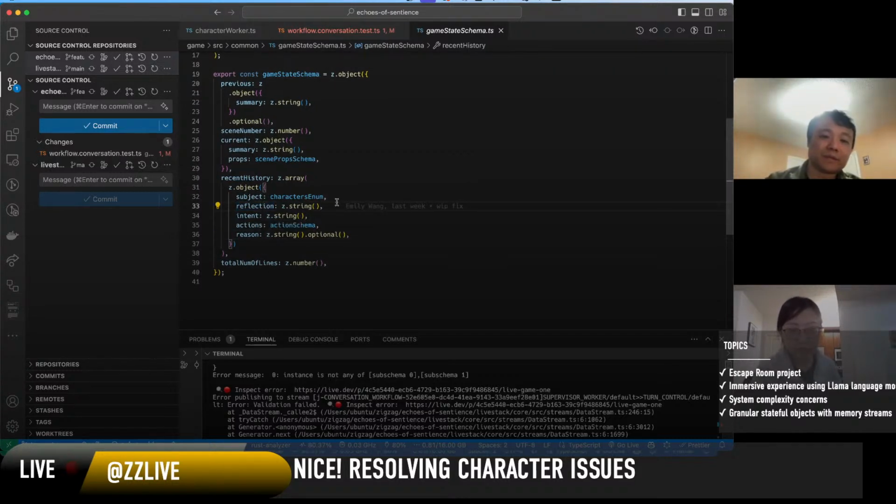We talked about we don't need a reflection intent in recent history, right? Or do we? Don't we want a reason? That's a lot of stuff. That's the prompt we tried. If you look at the test case, we iteratively added reflection intent.